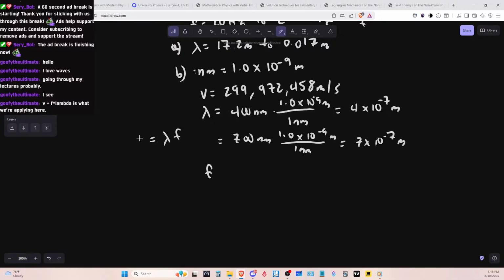Okay, so the frequency will be equal to the velocity divided by the wavelength.